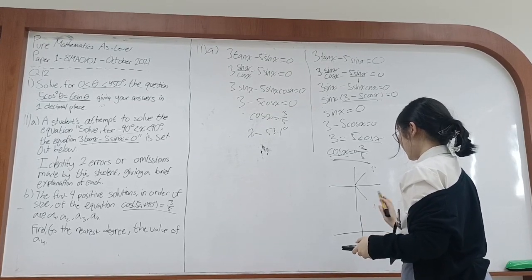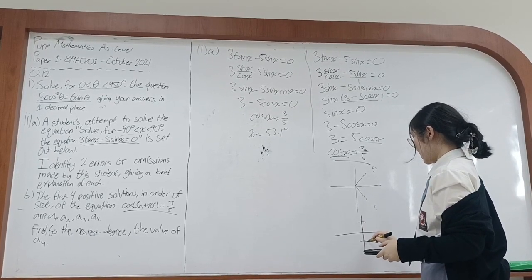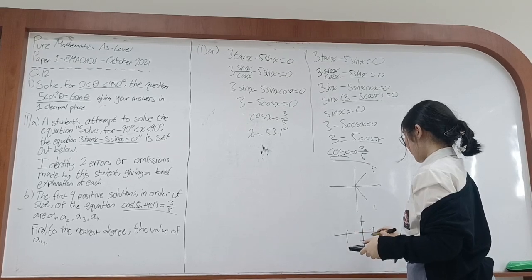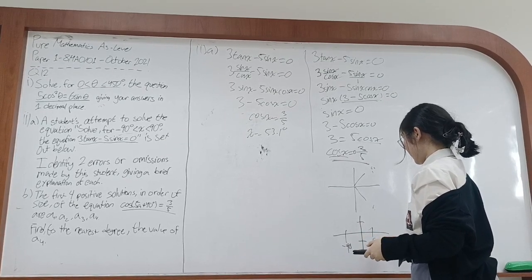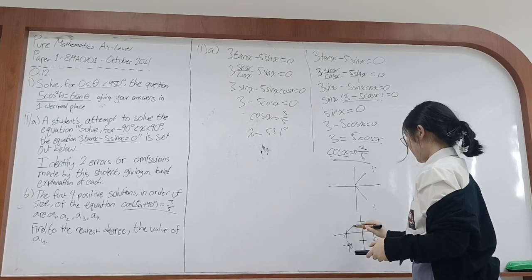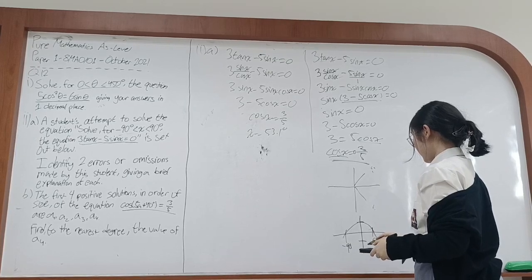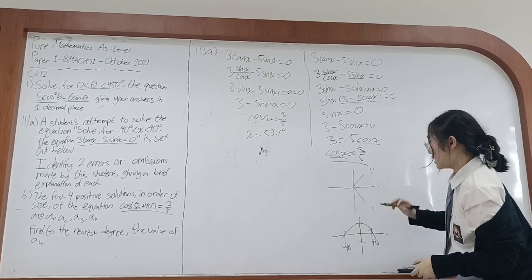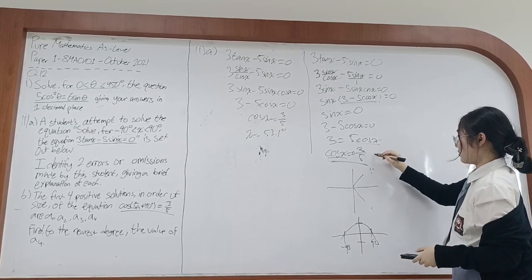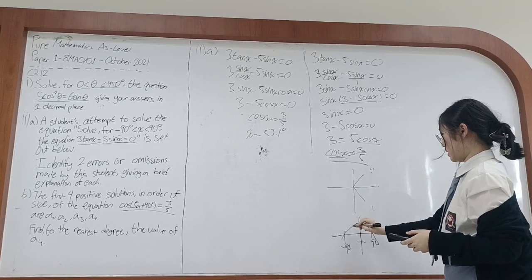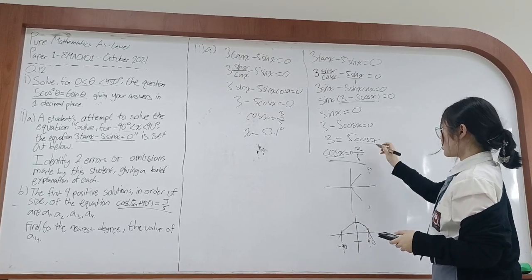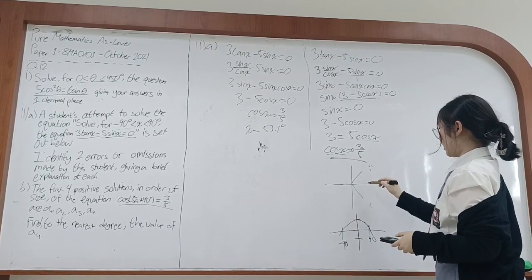The graph is easier to illustrate, so it'll be something like this. Since it's 3 over 5, it will be somewhere like here.